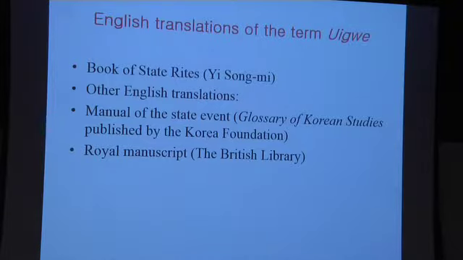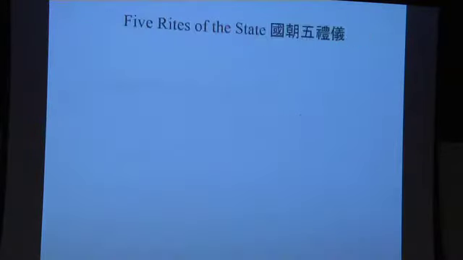So I decided that in translation we have to make it clear what this is: Book of State Rights. There are other English translations, but none of them are complete, but I will not explain why. No time.